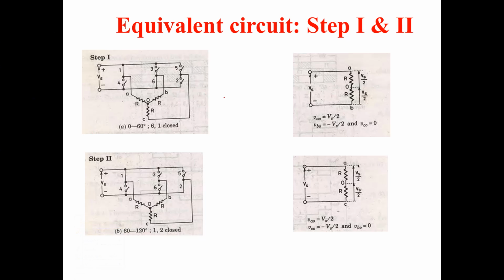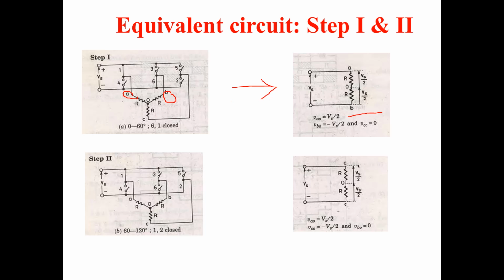Each step conducts with an equivalent representation circuit. For step 1, thyristors 6 and 1 will be conducting. Here A will be the positive bus of the DC source, B will be the negative, and C is not connected.